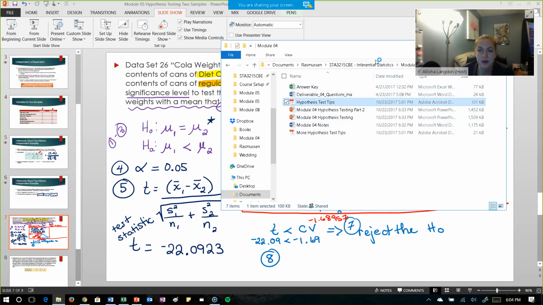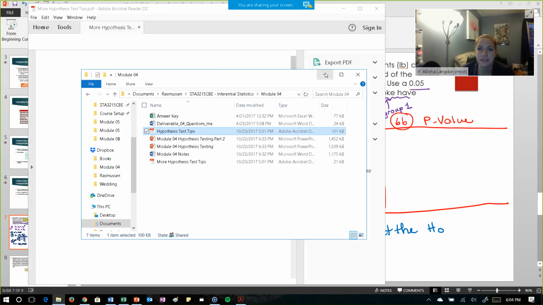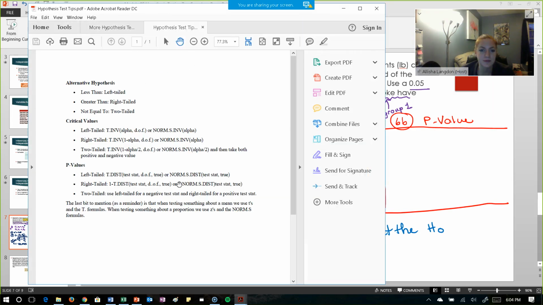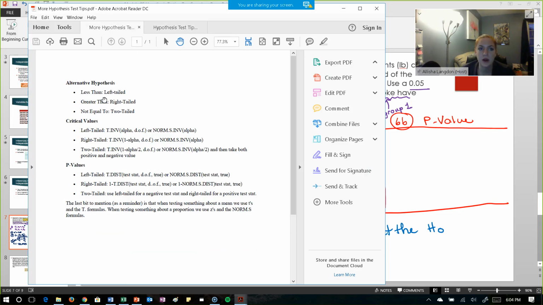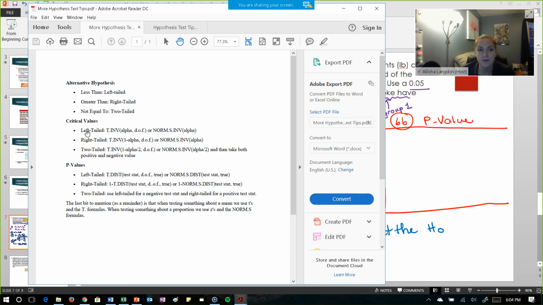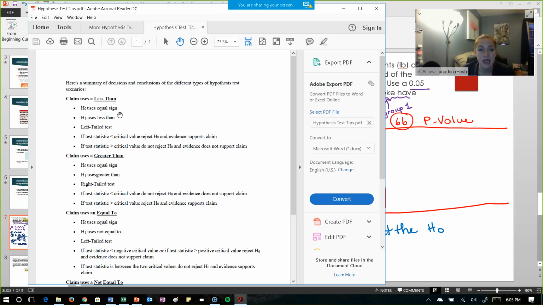Just want to make sure I pull these up so we know we're using them still. So here's what I was talking about. You're trying to come up with your critical values, left-tailed T.INV of alpha and degrees of freedom. Same thing we did last week. And then our hypothesis test, since our test statistic is less than the critical, we reject H0 and evidence supports claim.